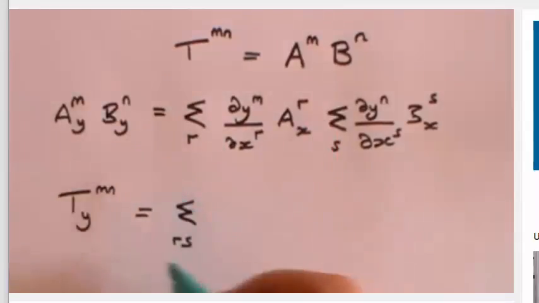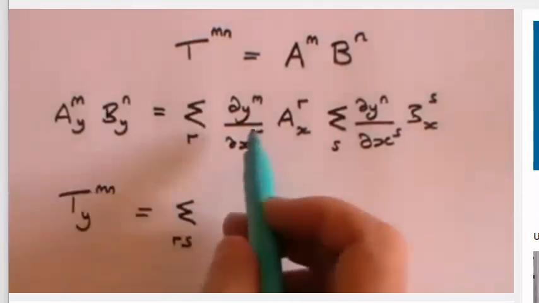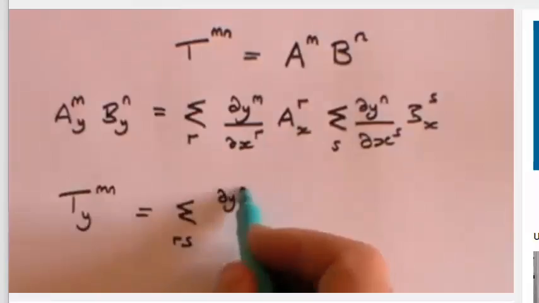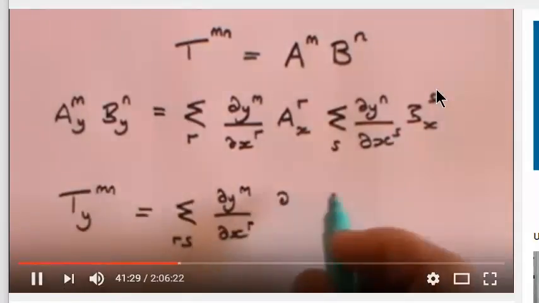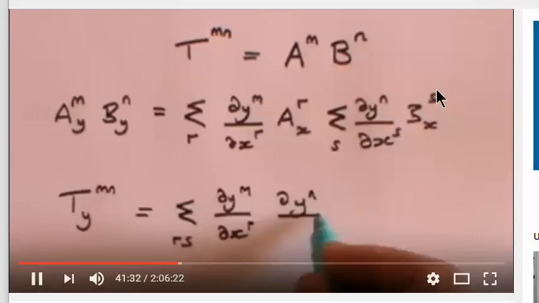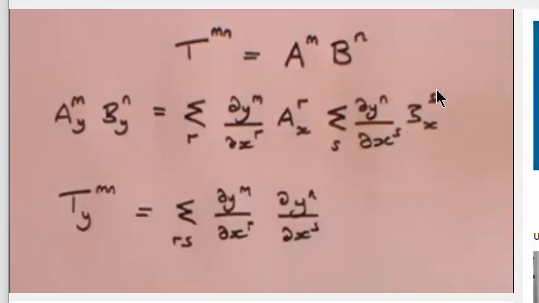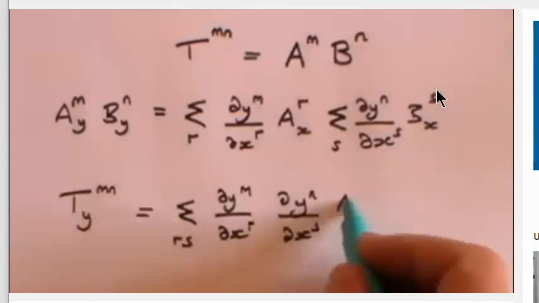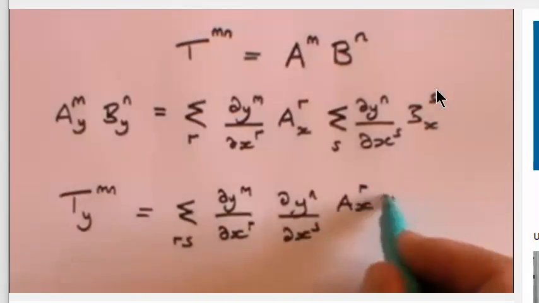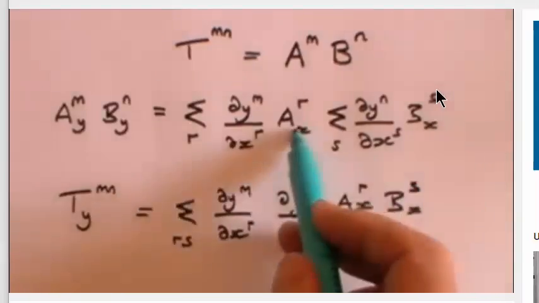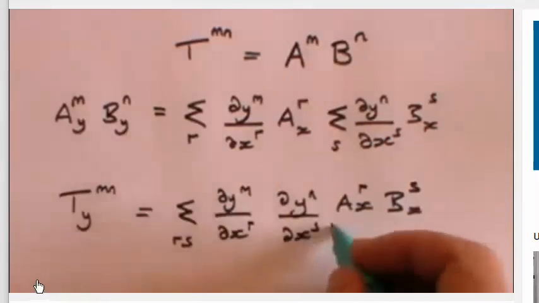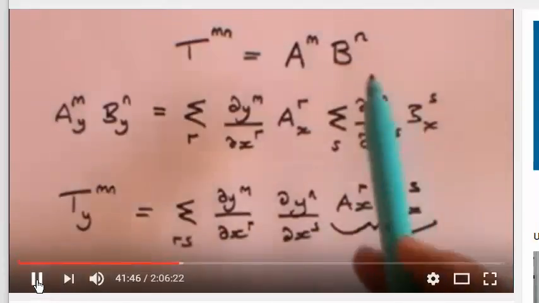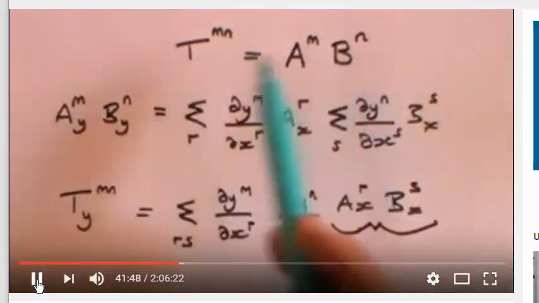which I'm just going to simplify here, multiplied by dy m by dx r, and then you've got a dy n dx s times a x r b x s. That's that term and that term. But what is this? Well, if you look at this term up here, you'll see that it's just another tensor.